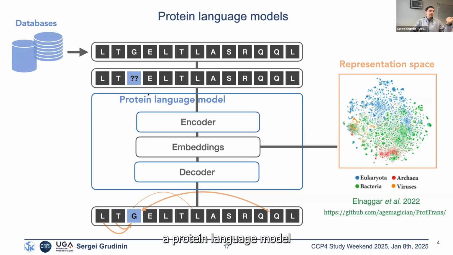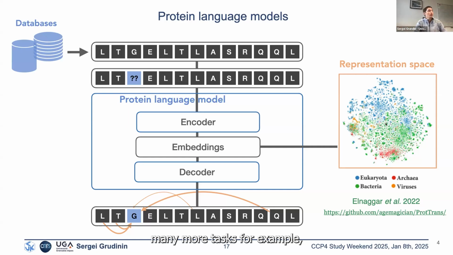Then we construct a protein language model with typically an encoder and decoder architecture, with the task to predict what has been masked. And these models construct some latent or embedding or representation spaces, which can be used in some other downstream tasks. What I show here is one of the possible tasks, classifying protein sequences, but we may imagine many more tasks.